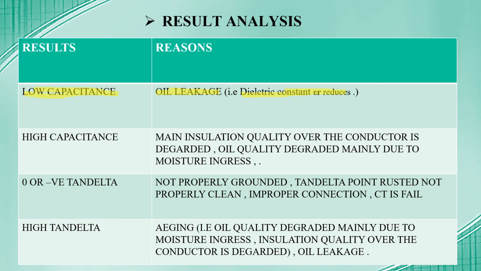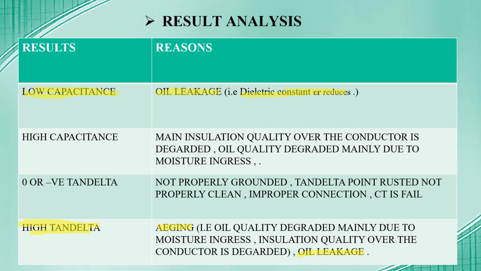Also, oil leakage will result in a high tan delta value. There will be high tan delta also because of the aging effect. Due to the aging effect, the insulation, that is the oil quality, gets degraded mainly due to ingress of moisture, and the paper insulation quality gets degraded over time.